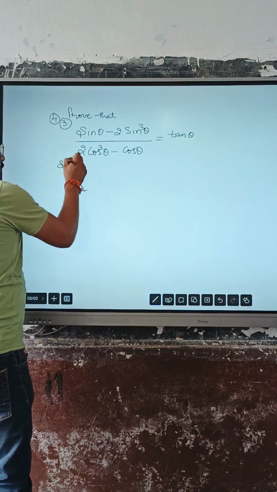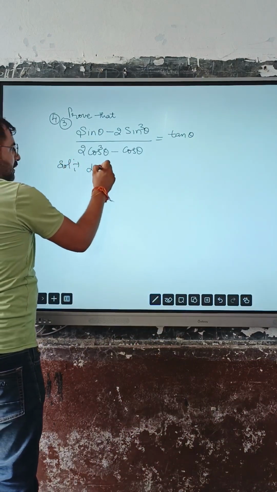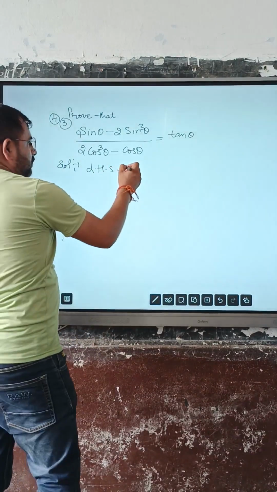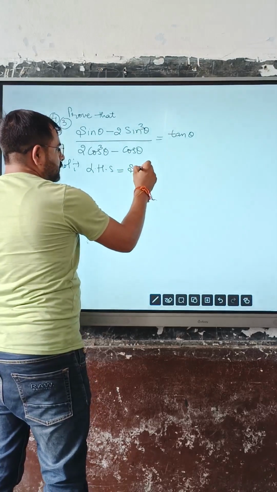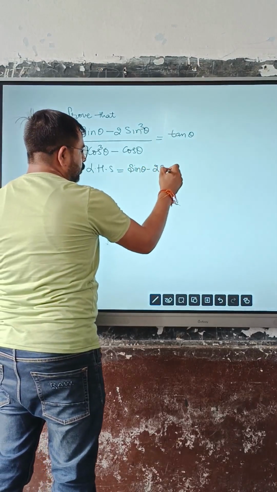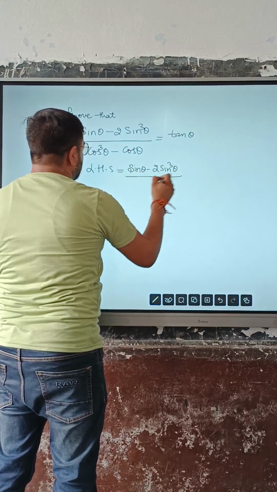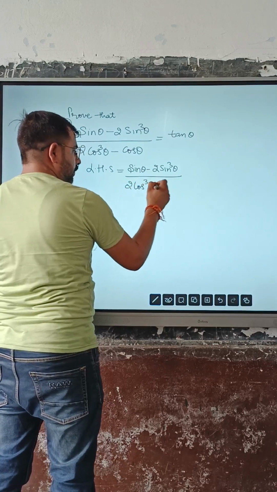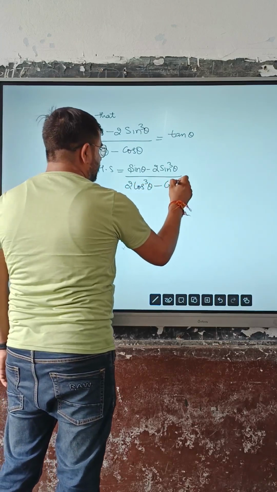So in this question again I'm going to start with left hand side. So that is sin theta minus 2 sin cube theta over 2 cos cube theta minus cos theta.